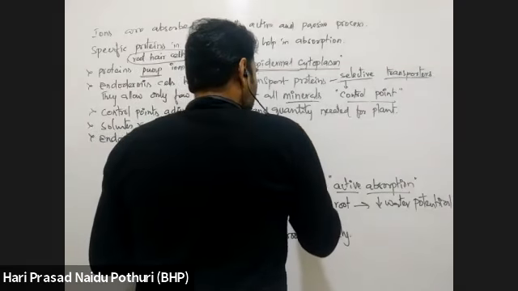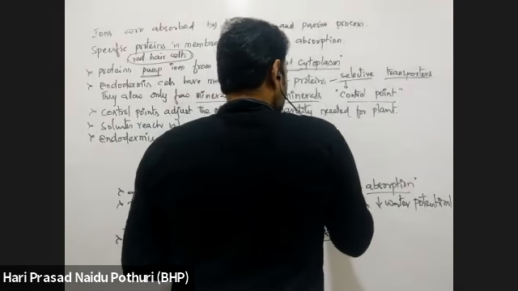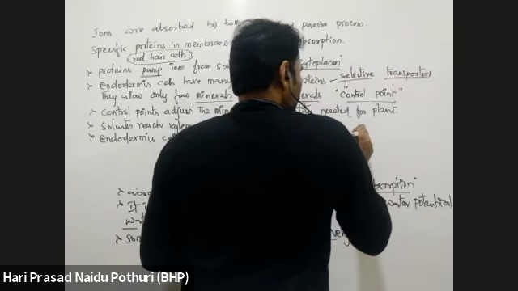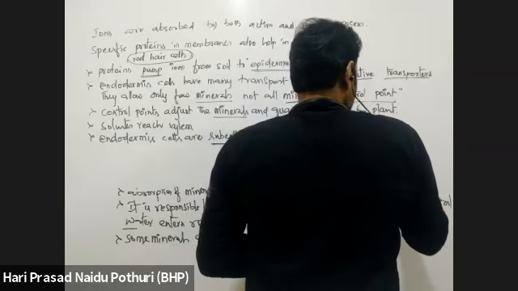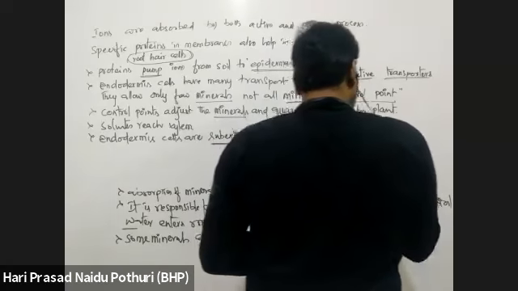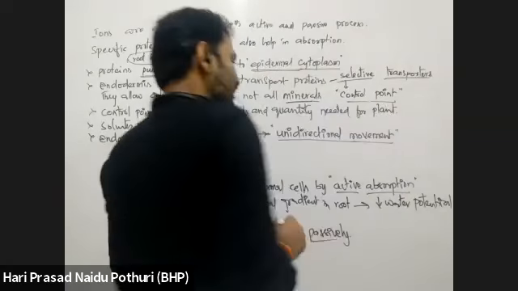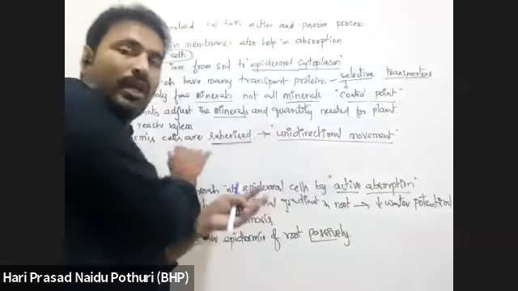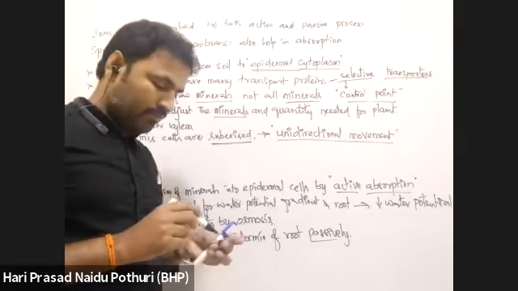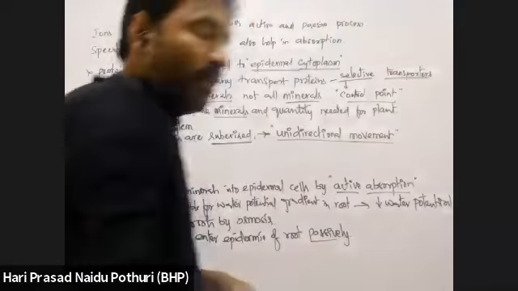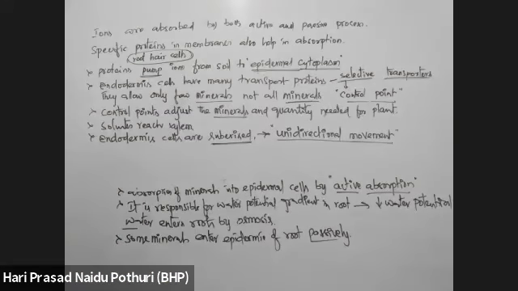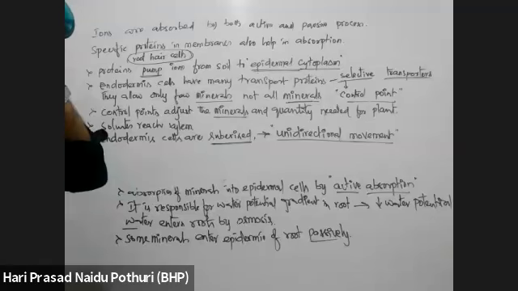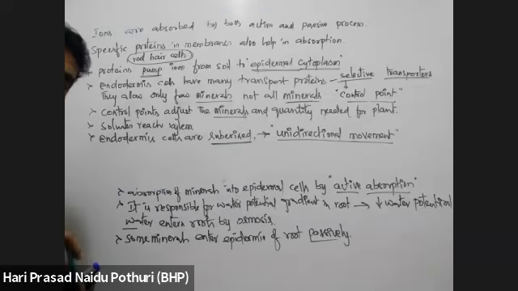As the suberin layer is present, they show only unidirectional movement. Unidirectional movement means movement of minerals in the endodermis is in only one direction, from the soil to the xylem. From the xylem to the soil there is no transport.